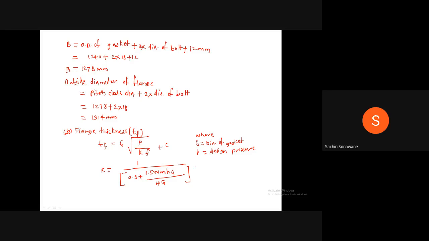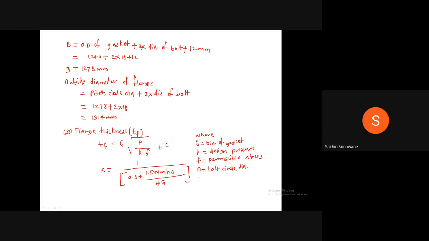F is equal to permissible stress. B is equal to bolt circle diameter.